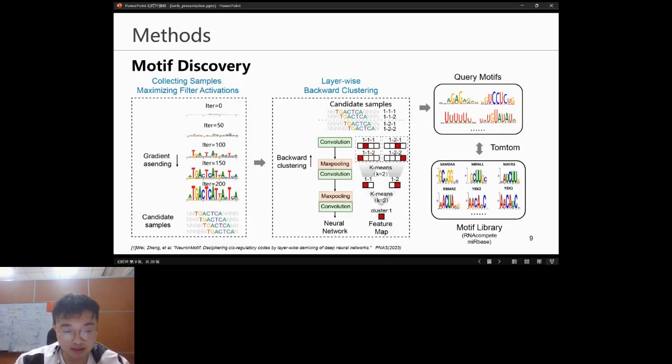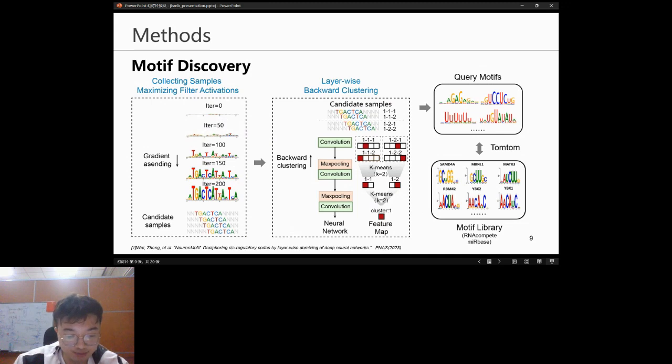We applied Neural Motif to discover motifs and motif combinations learned by neural networks. Neural Motif is a filter visualization and clustering-based interpretation method, which is specifically designed for deep learning interpretation in the genome field. Overall, the interpretation process can be divided into two steps.